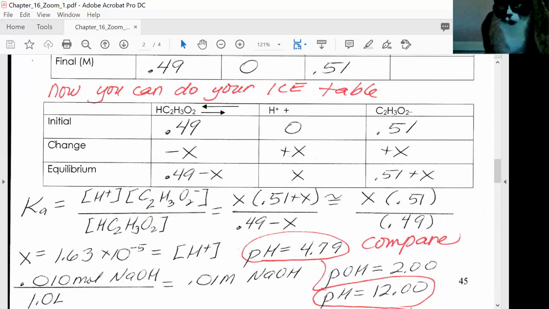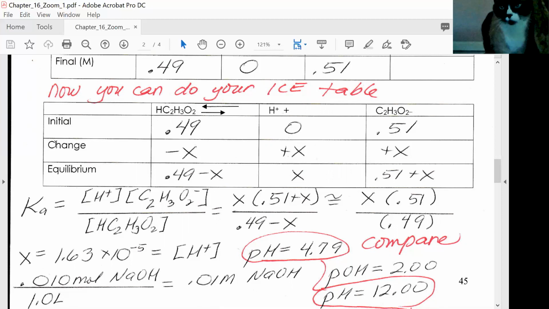You got all of those from your stoichiometry table, final molarity. The change is minus x, plus x, plus x. Your equilibrium is 0.49 minus x, and 0.51 plus x.